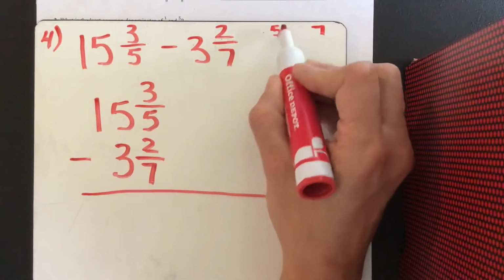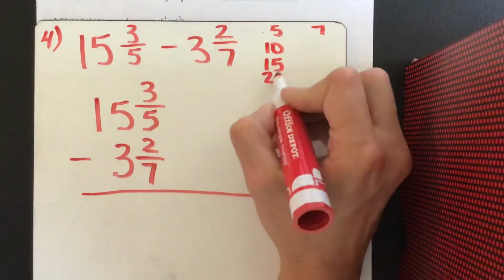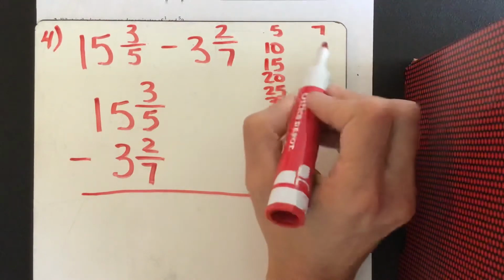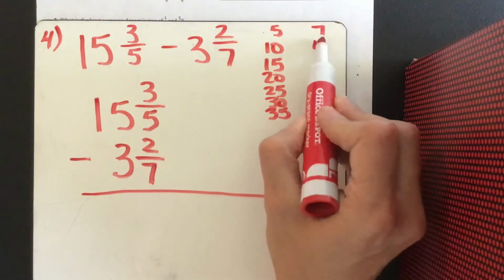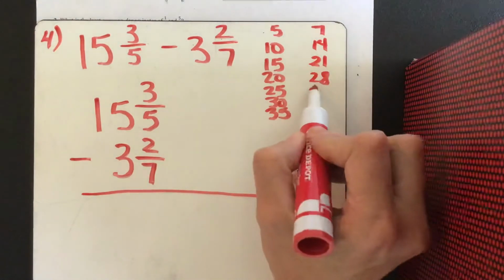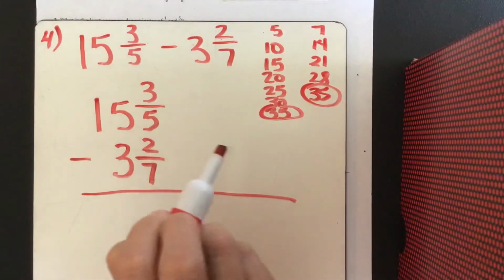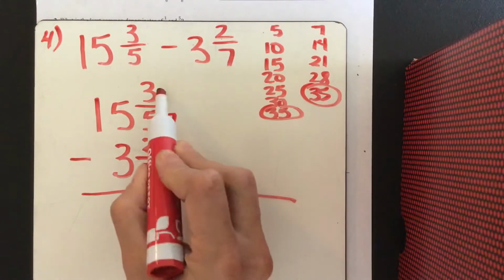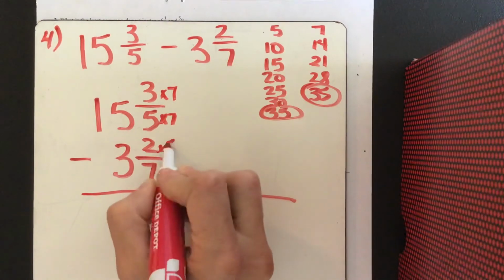I know 5 times 1 is 5, 5 times 2 is 10, 15, 20, 25, 30, 35 for 7. 7 times 1 is 7, times 2 is 14, 3 is 21, 4 is 28, 5 is 35. There's our least common denominator: it's going to be 35. So that tells me I'm multiplying the 5 times 7 and the 7 fraction times 5.